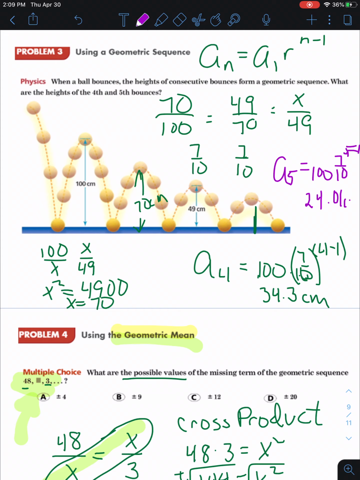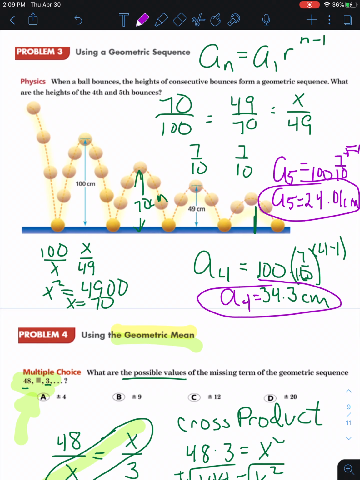And again, centimeters. So there's my fifth term, and here's my fourth term. And there's how you use the geometric sequence in this problem.